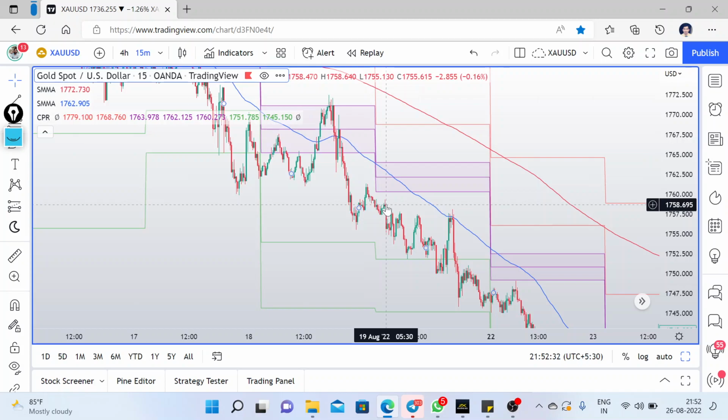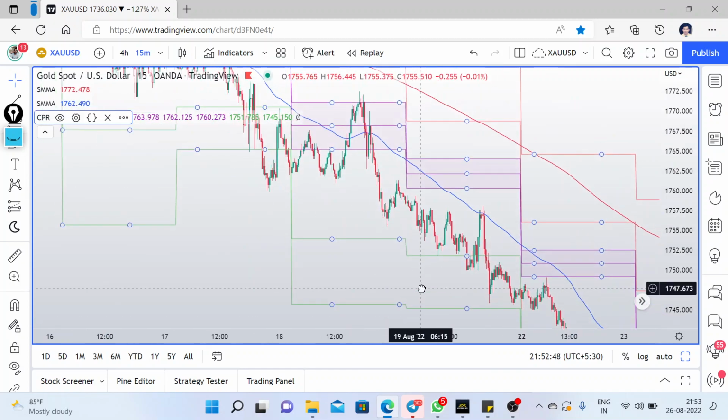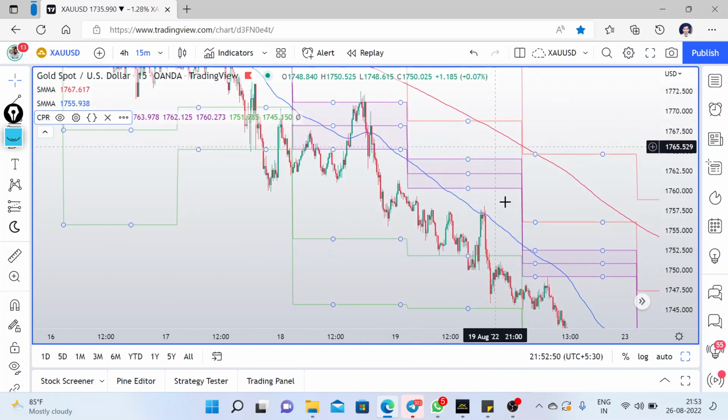You have to manage your profit and loss as per your style. So you have to follow proper risk management.